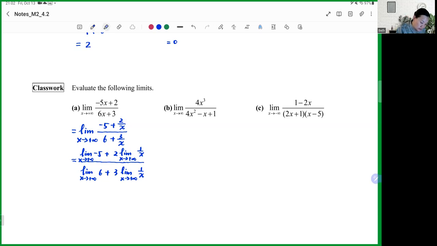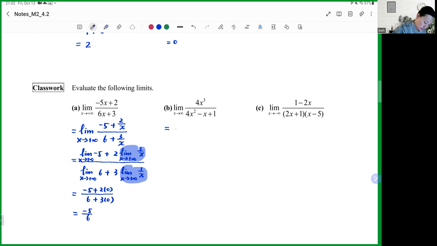And obviously, this value is 0. It's a very simple limit. The answer is -5/6. This is the first kind. It's the easiest. You know exactly what to divide.